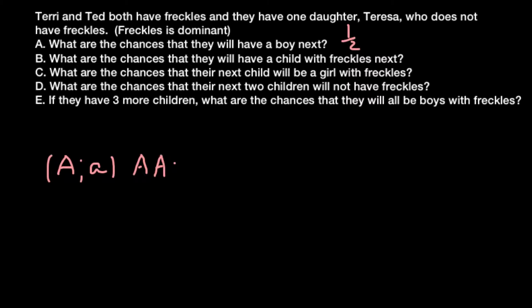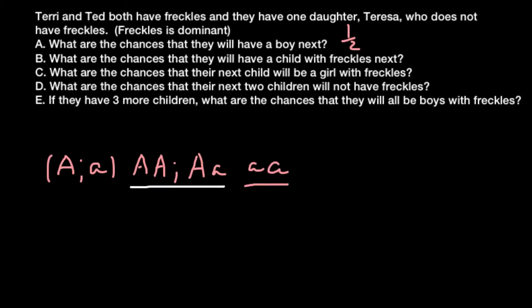Another one would be capital A and small a, the heterozygous genotype that also stands for the phenotype with freckles. These two genotypes make one phenotype. And the genotype small a small a would make a phenotype without freckles.